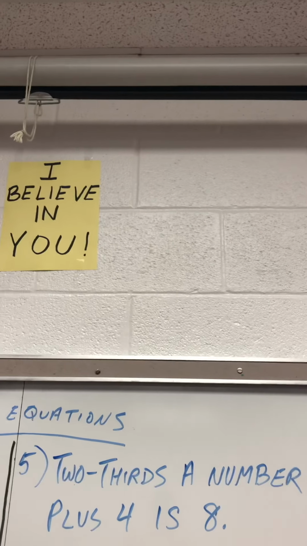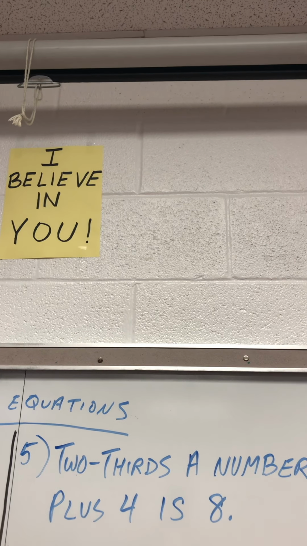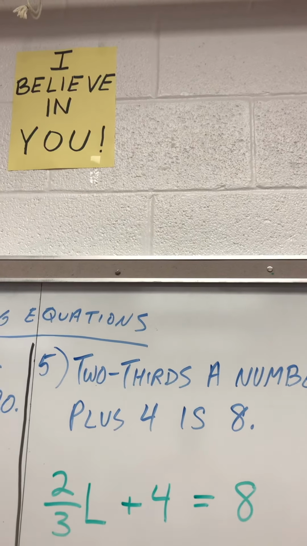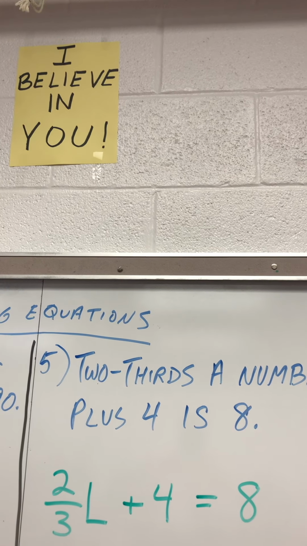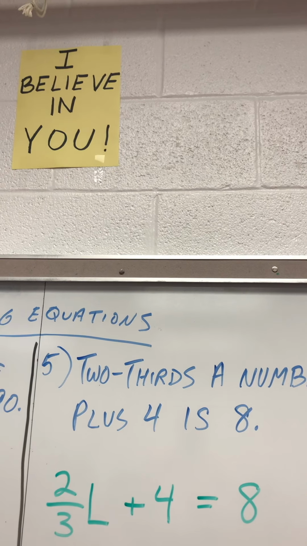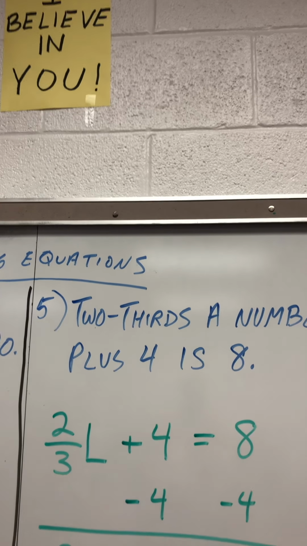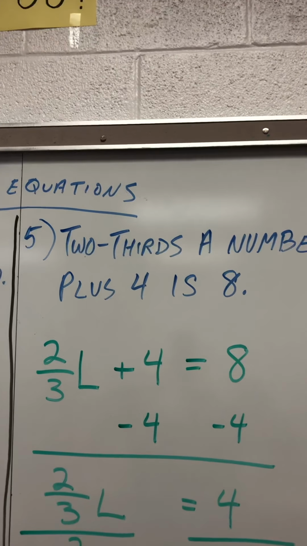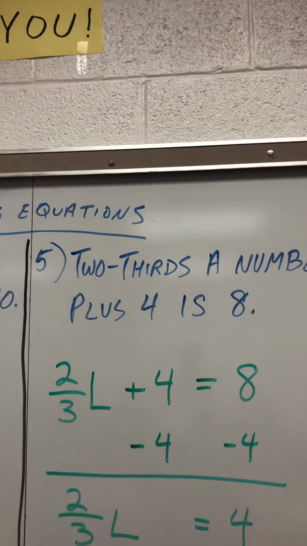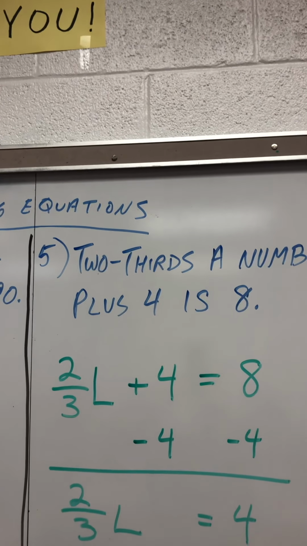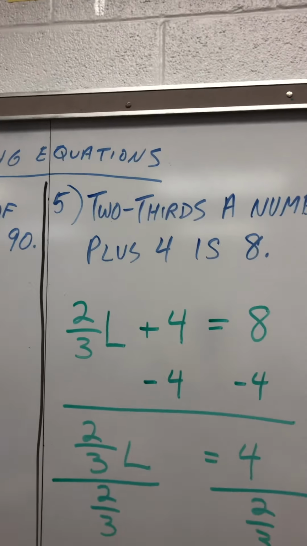2/3 a number plus 4 is 8. 2/3 L plus 4 equals 8. I'm going to minus 4 from both sides and get 2/3 L equals 4. We're going to divide both sides by 2/3.